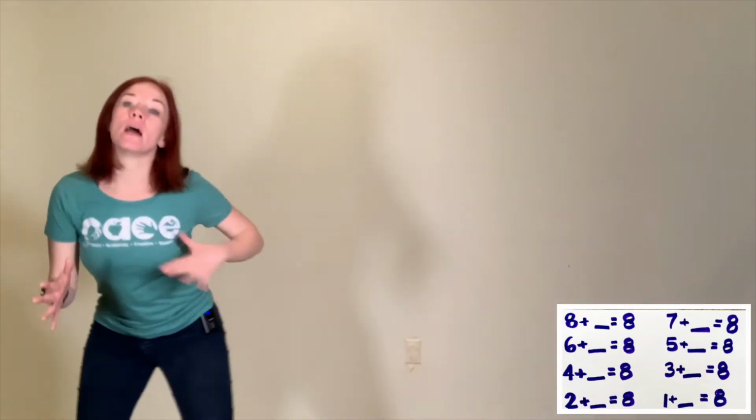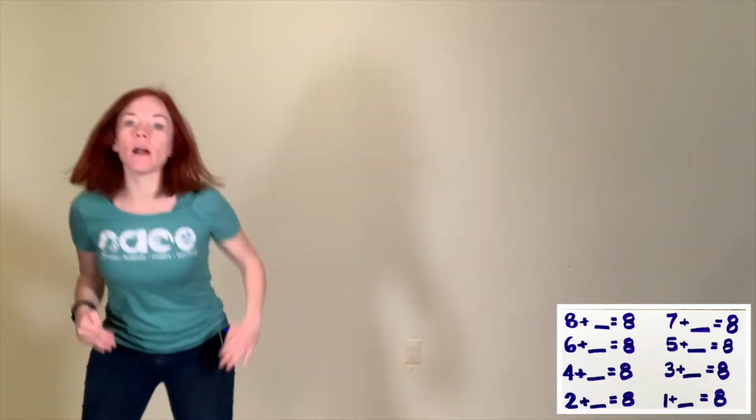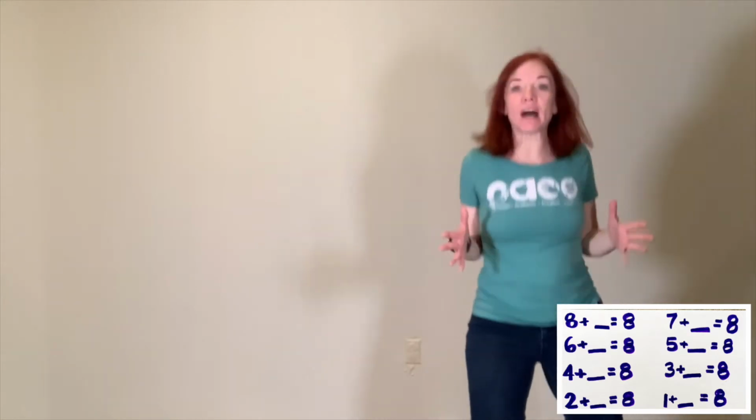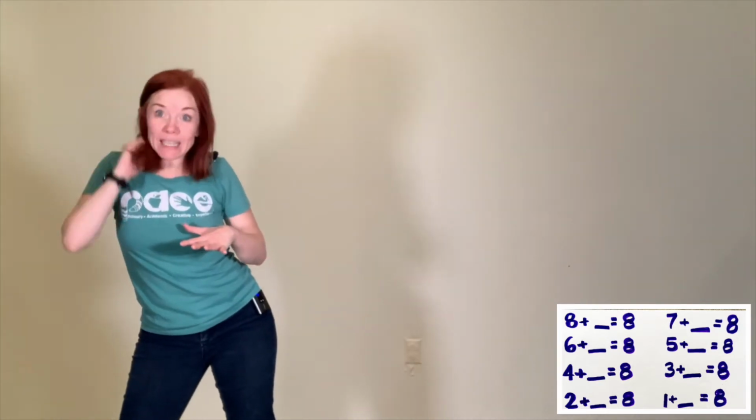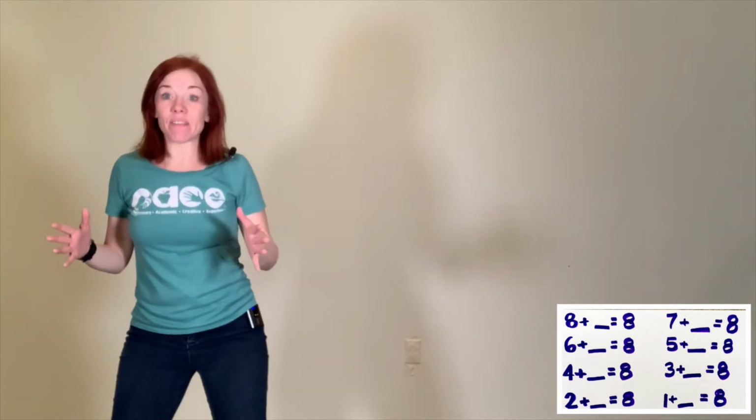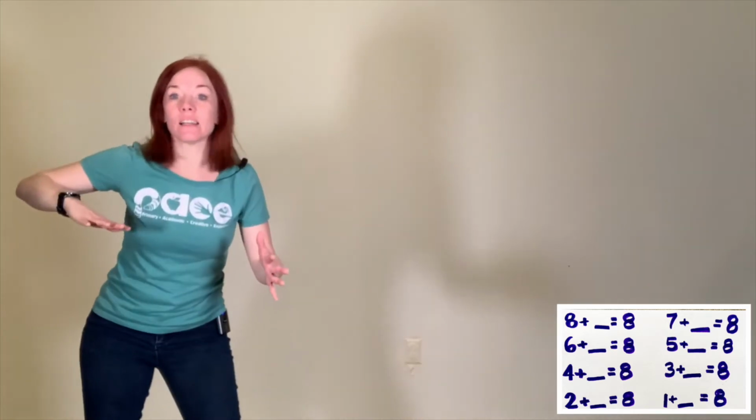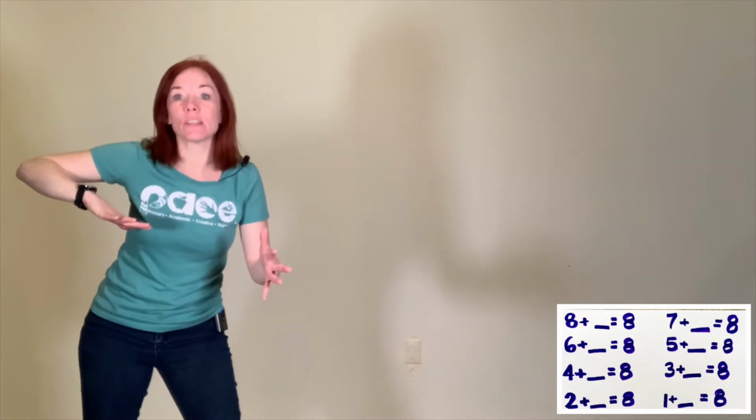Doing good. Okay. 1, 2, 3, 4 plus what equals 1, 2, 3, 4, 5, 6, 7, 8. Let's see. 1, 2, 3, 4. Let's see how many more moves we need to do. So we stopped counting at 4, so we'll keep counting. 5, that's 1. 6, that's 2. 7, that's 3. 8, that's 4.